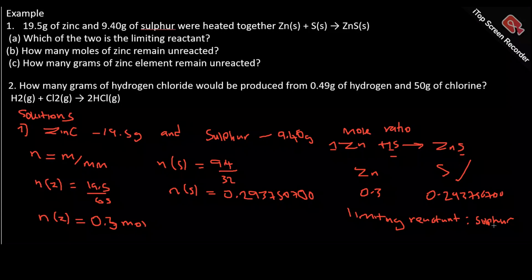The next question B, it's telling us to find how many moles of zinc remain unreacted. Very simple. Let's do it from here. B, you've managed to find the number of moles of zinc, this much, and that of sulfur, this much. So what are you going to do?